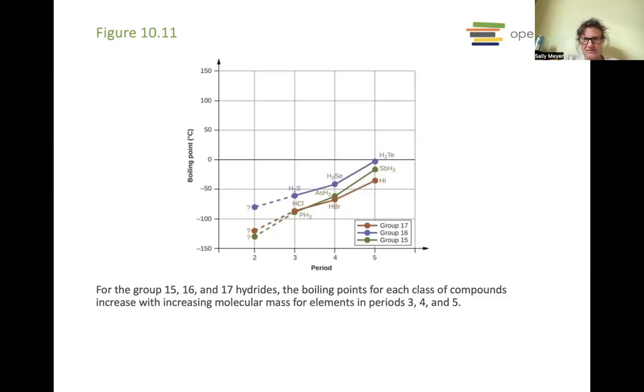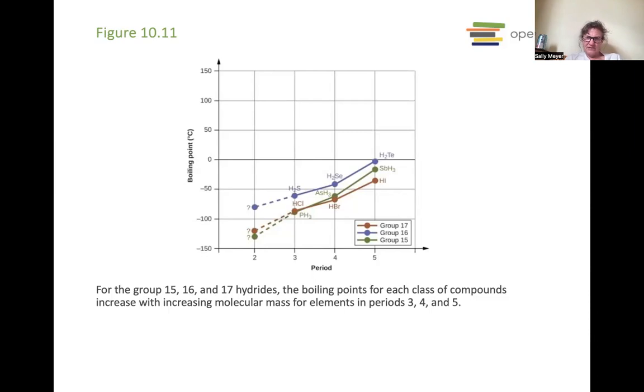If you're going from hydrogen sulfide to the next with selenium and then tellurium, the boiling point is increasing slightly with each, and that's because the molecules are getting bigger, and therefore the dispersion forces are stronger. So the dipoles are getting smaller because as you go down, the electronegativity difference isn't as much. So it's the dispersion forces that are creating this increase.